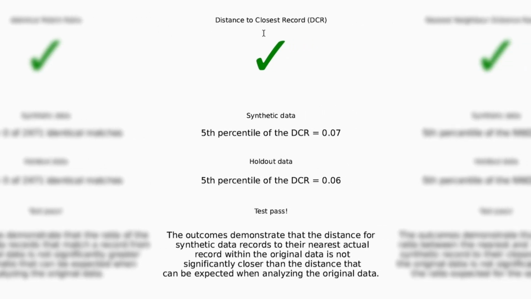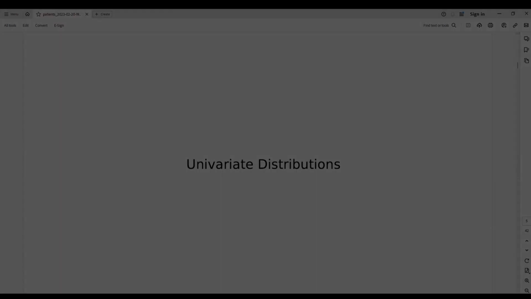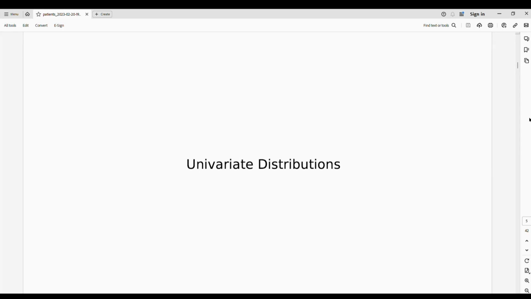The next metric is the distance to closest record ratio, which considers not only identical matches, but also near matches from the synthetic data to the original data. Finally, we examine the nearest neighbor distance ratio, focusing specifically on outliers to ensure they are not reproduced in the synthetic data.